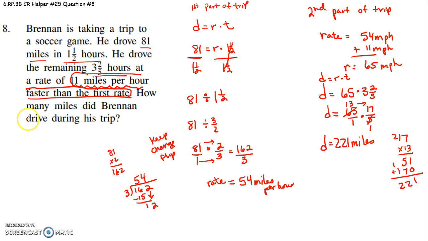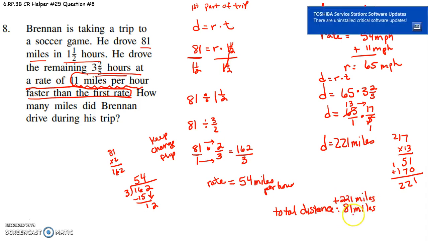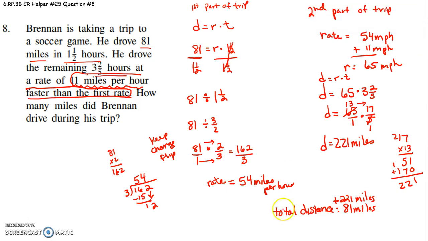We're still not done. How many miles did he drive altogether? So your total distance, you have to take your 81 miles for the first part of the trip and add to that 221 miles for the second part of the trip.